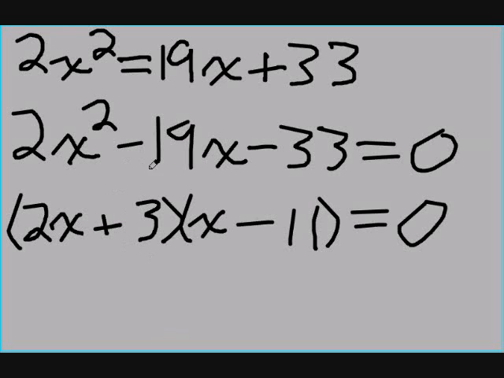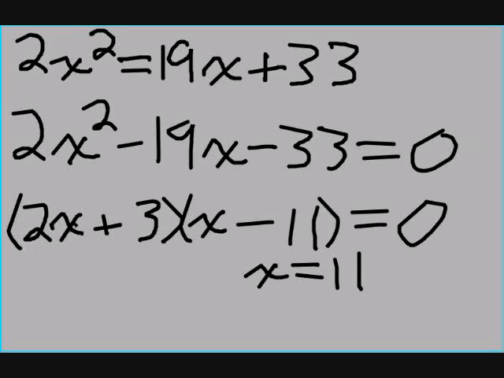And note that if I take 2x times x, I get 2x squared. I get 2x times negative 11 is negative 22, and positive 3 is negative 19x. 3 times negative 11 is negative 33, right? So then I can solve these. Over here, x minus 11 equals 0, means x equals 11.